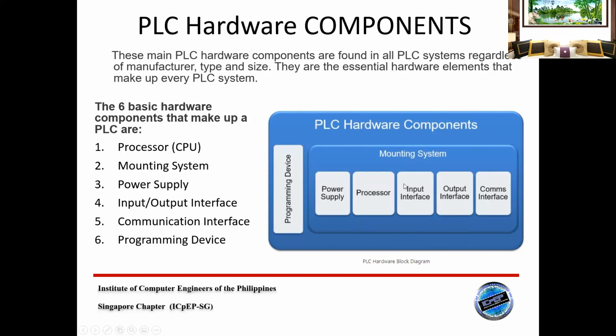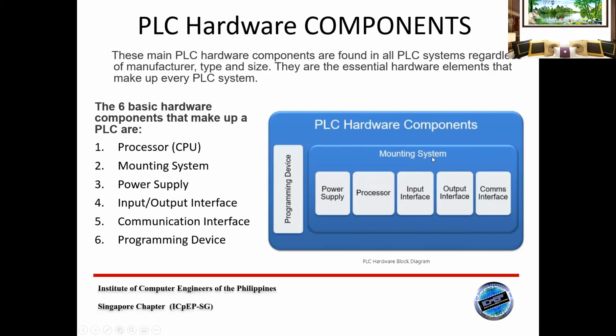So number four, the input and output are generally connected to the field devices and terminal strip. Communication modules with fieldbus protocols like Ethernet IP and Profinet can also be used as the PLC input and output interface. So you can use a different module.